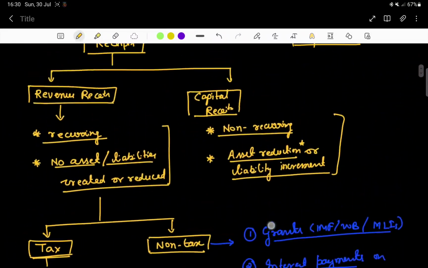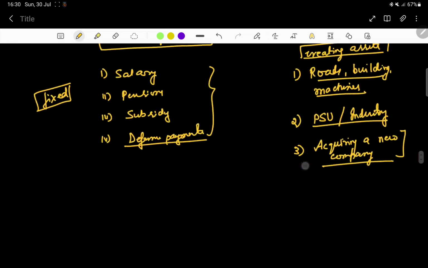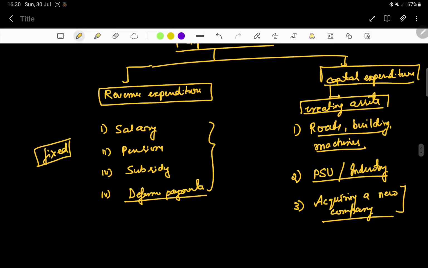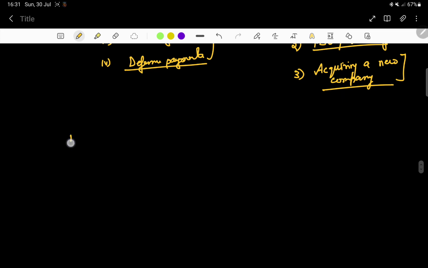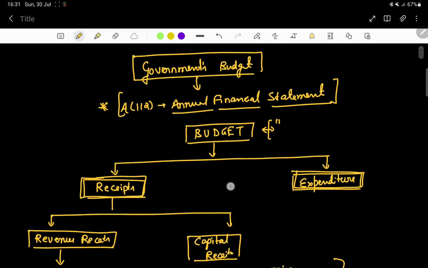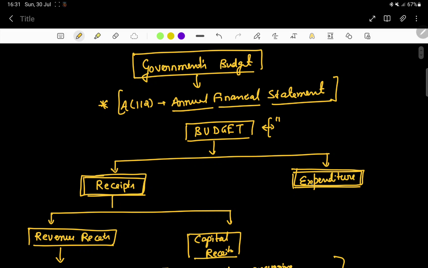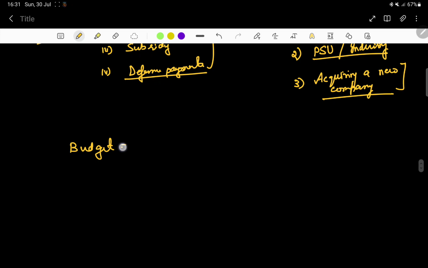So I think we have discussed both the receipt side and the expenditure side. And holistically discussing the two, we can very briefly discuss some of the deficits. What is budget? I wrote at the very start that budget talks about the revenue and expenditure side of the government. So when I say budget, it includes both revenue and expenditure.